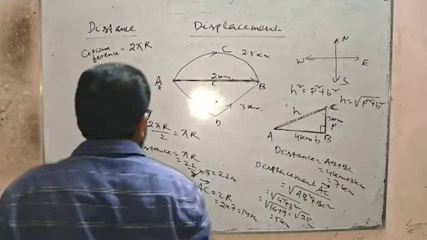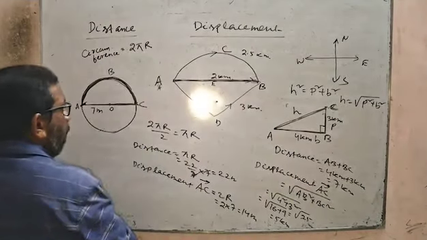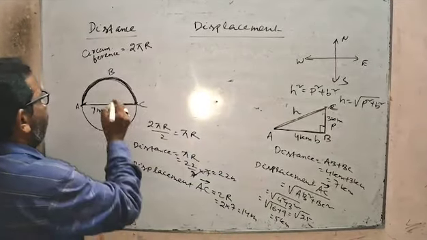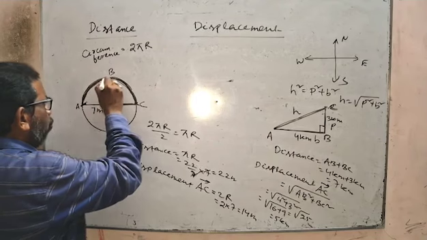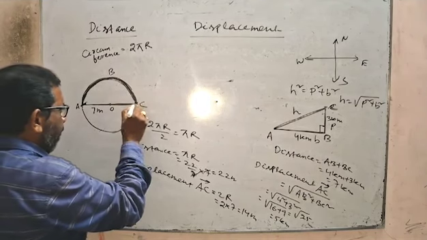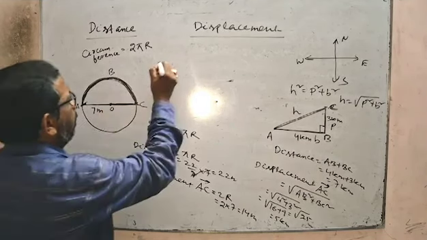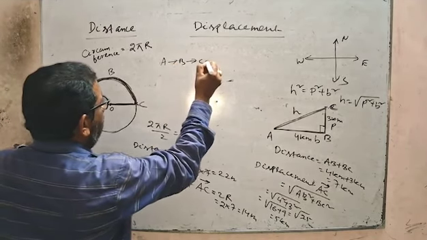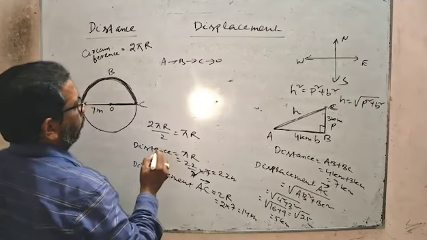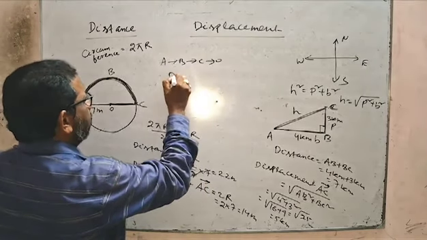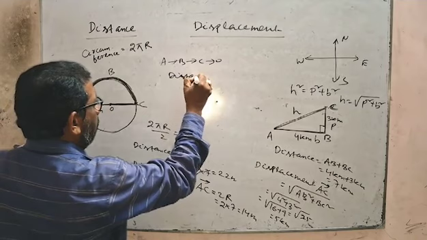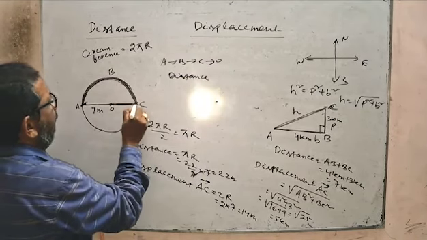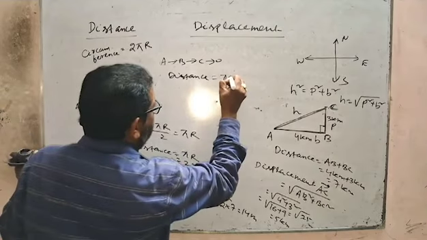Now let the body go through B to reach C, and then reach O. So A to B, B to C, and C to O again. The distance covered is pi r plus r.